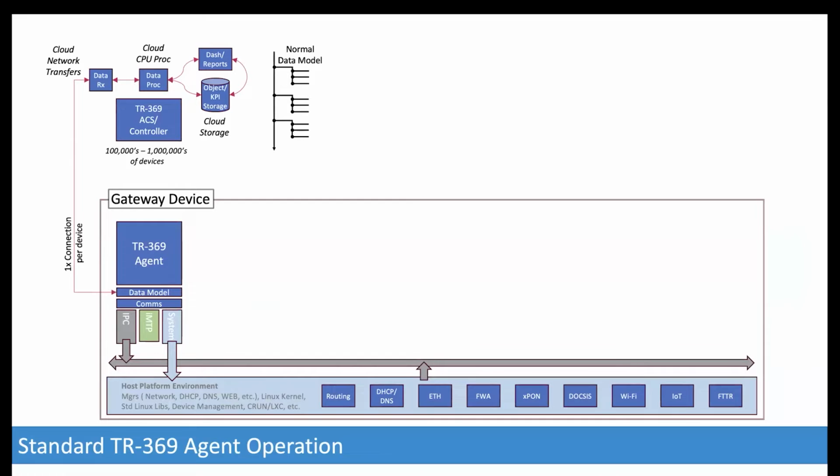If you look at this picture, you basically have your gateway or your device, and it has a USP agent on it. The USP agent has a data model, and it has the ability to communicate downwards to the rest of the system, in whatever platform environment, drivers and so forth.